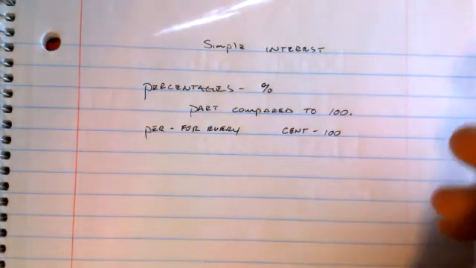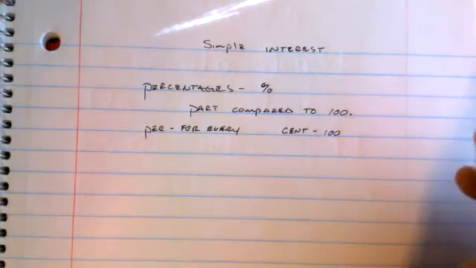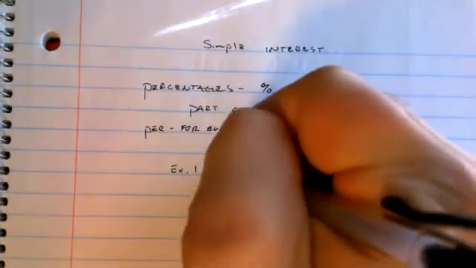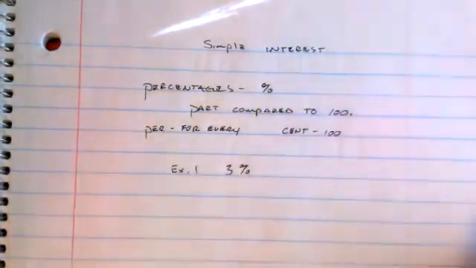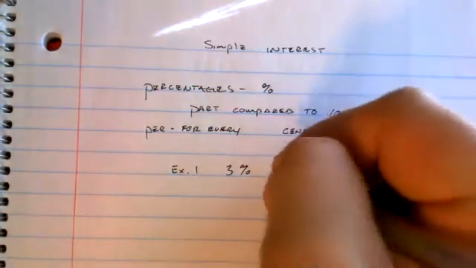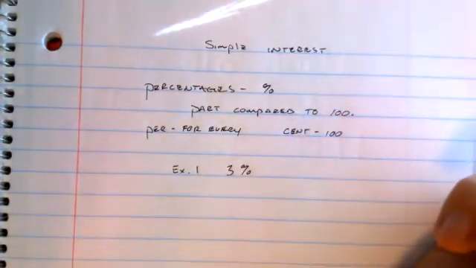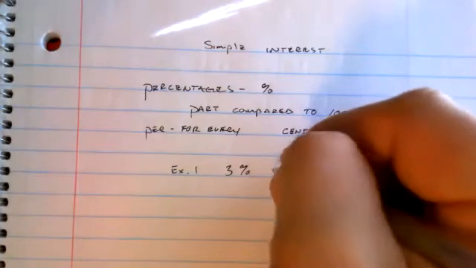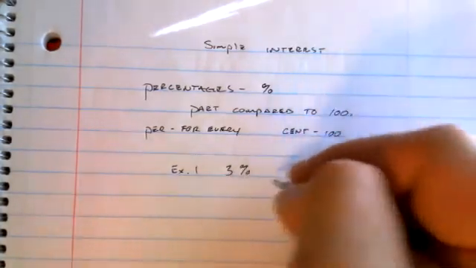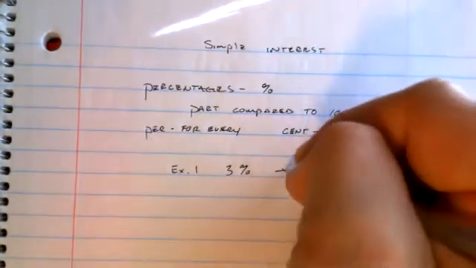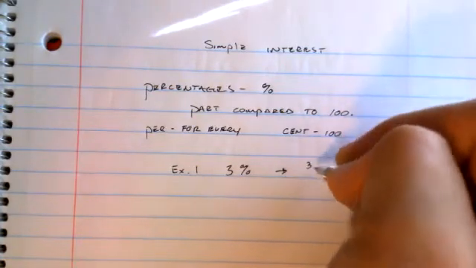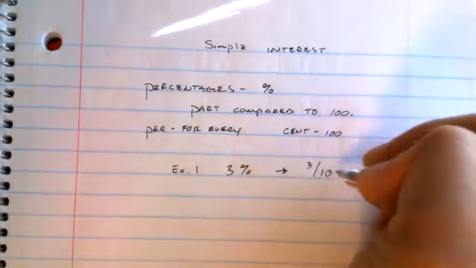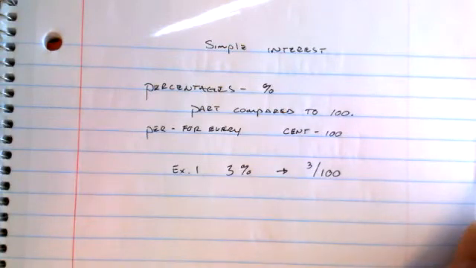So as we look at percentages, we could say, example one, say we have 3%. That means that, as a ratio, okay, so that is the percentage form. And then as a ratio, it is 3 per 100, right? So 3 for every 100 that you have.